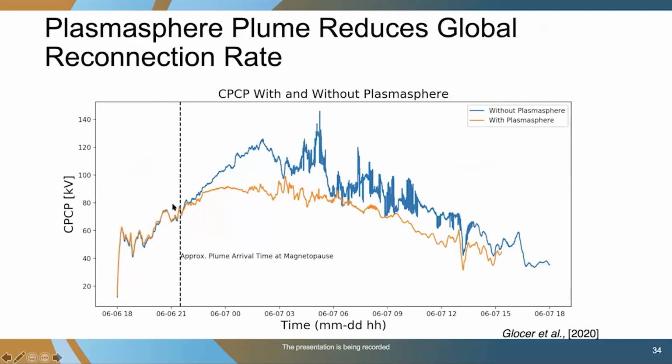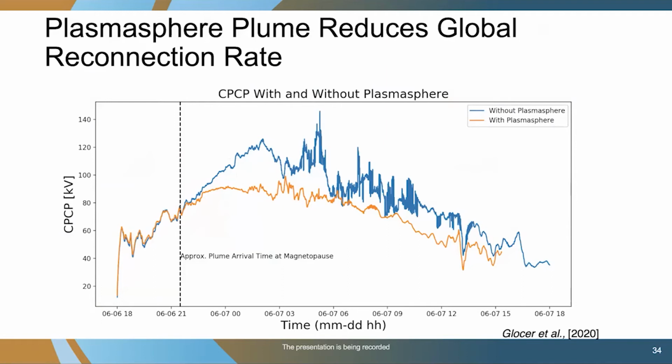But after the plume arrives at the magnetopause, you get a significant divergence between these two cases. And in fact, when you include the plasmasphere in the simulation, you find that the reconnection rate is significantly suppressed, using this proxy of the cross-polar cap potential.